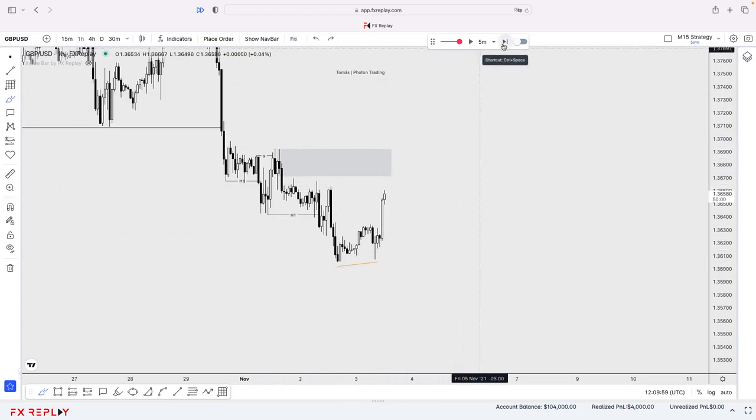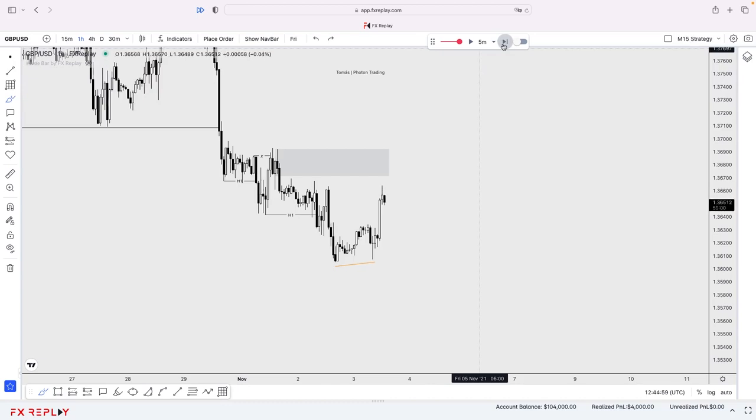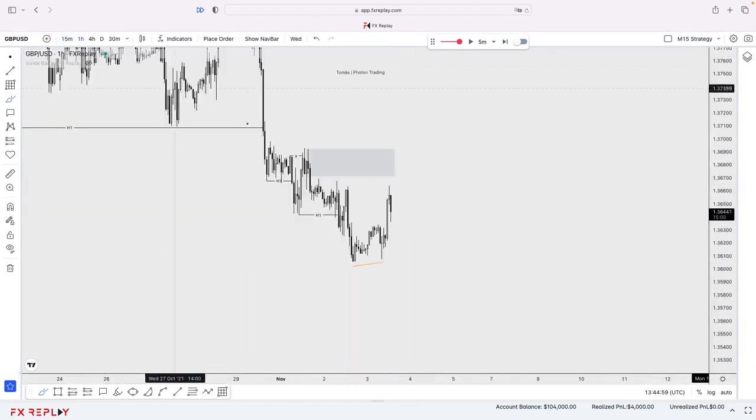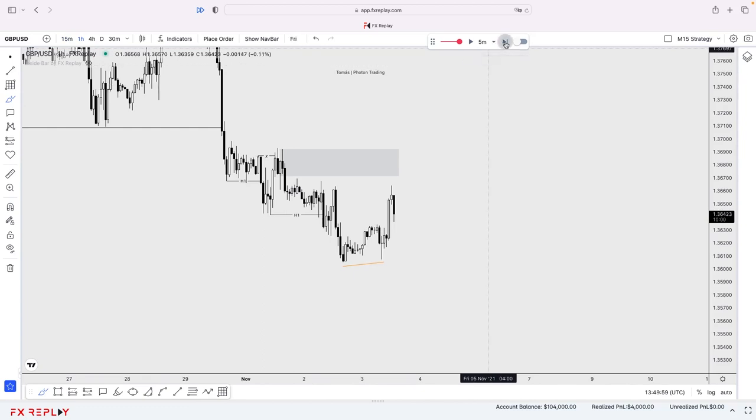Okay, so I'll be looking for M15 price action. Okay, so price is reacting to this POI that has some kind of inducement. It swept liquidity, so let me see on M15. Okay, not a very high probability for me.